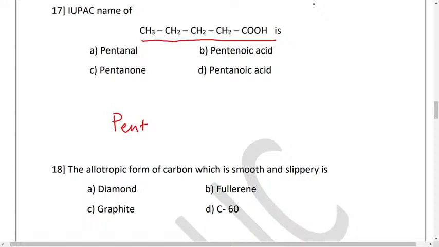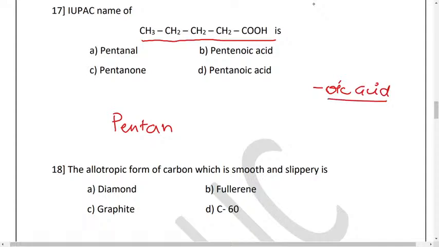A carbon to carbon single bond means the primary suffix we have to use is ANE. The E I have not written because it contains a functional group. You can see the functional group here. The functional group present in this is a COOH group. COOH means a carboxylic acid compound. What is the secondary suffix we have to use? We know that, dear students, the secondary suffix we have to use here is oic acid.